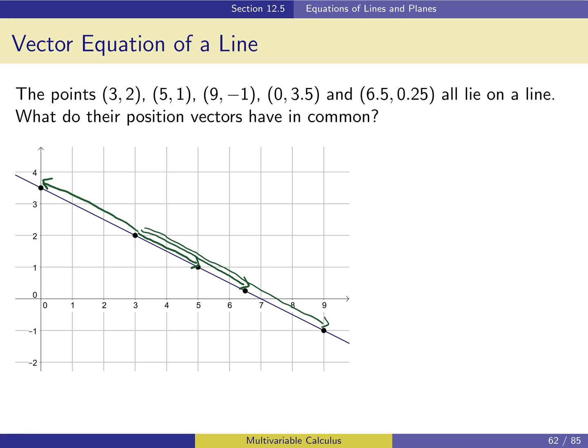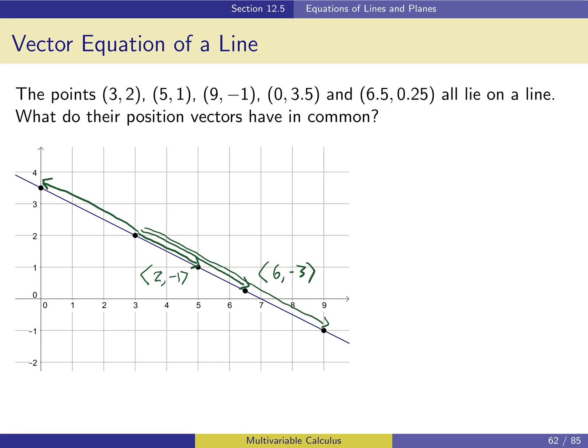What you notice about these vectors is they are all parallel, which means they are all scalar multiples of each other. For instance, the vector from (3, 2) to (5, 1) is the vector <2, -1>, whereas the vector from (3, 2) to (9, -1) is the vector <6, -3>. Remember that the vector between 2 points is just the difference of their position vectors.